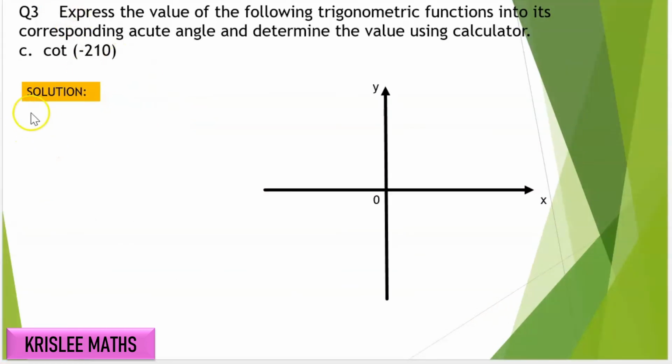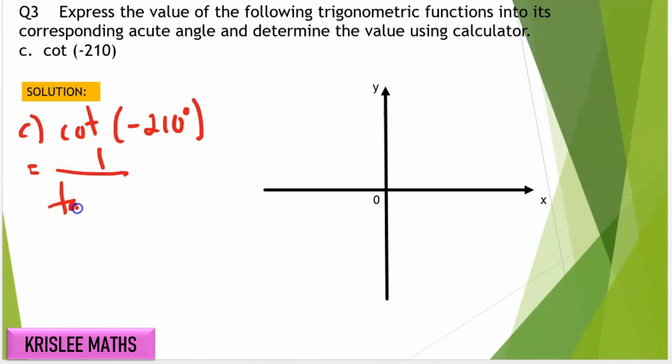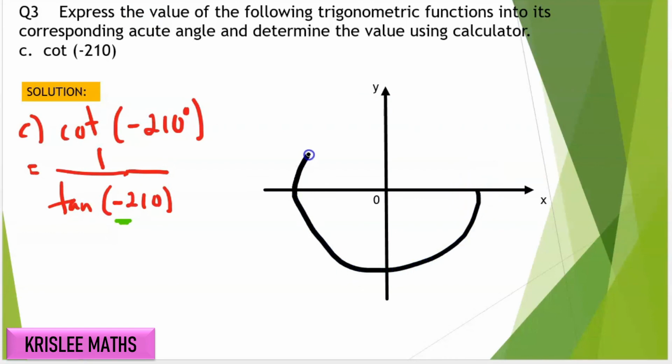Question C. Given cotangent negative 210. Now the reciprocal of cotangent, remember, is tangent. So we can rewrite this as 1 over tangent negative 210. Here you are given a negative angle, therefore you have to go in a clockwise direction, 210.